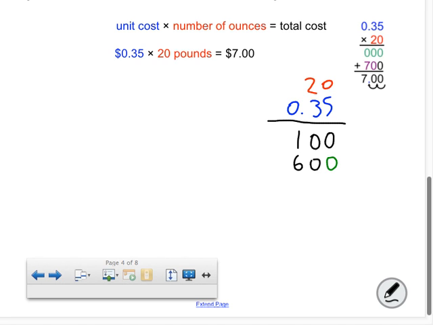I don't need to multiply that 0 out. I do have to add this up. 0, 0, 7. And then we see because we have 1, 2 decimal places, that I have to move this over 1, 2. So $7. Okay? We're good? All right. Moving along.